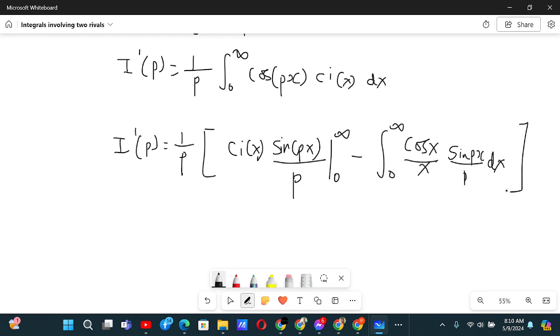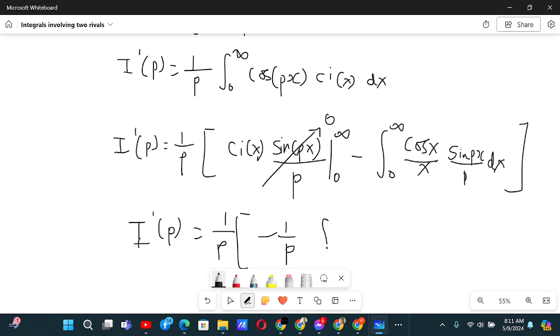Now the boundary term goes to 0 in both cases, which you can clearly see, because at infinity this is 0, at 0 this is 0, and the other values in both cases are just numbers that aren't too high or too low. Now this is minus 1 by p. Am I getting two p's? Probably I am. So minus 1 by p times the integral from 0 to infinity of sin px cos x by x dx.